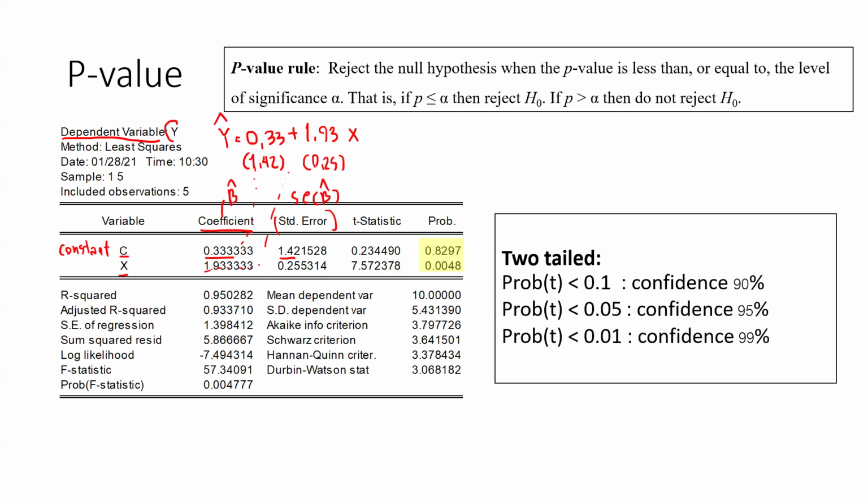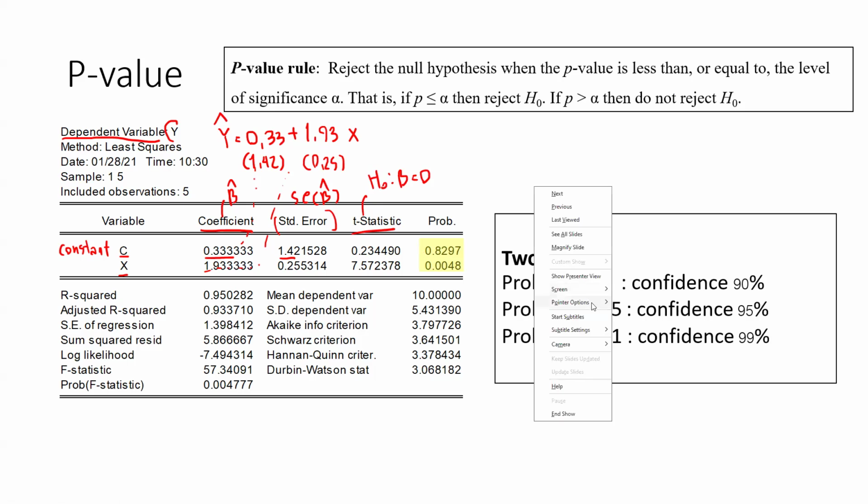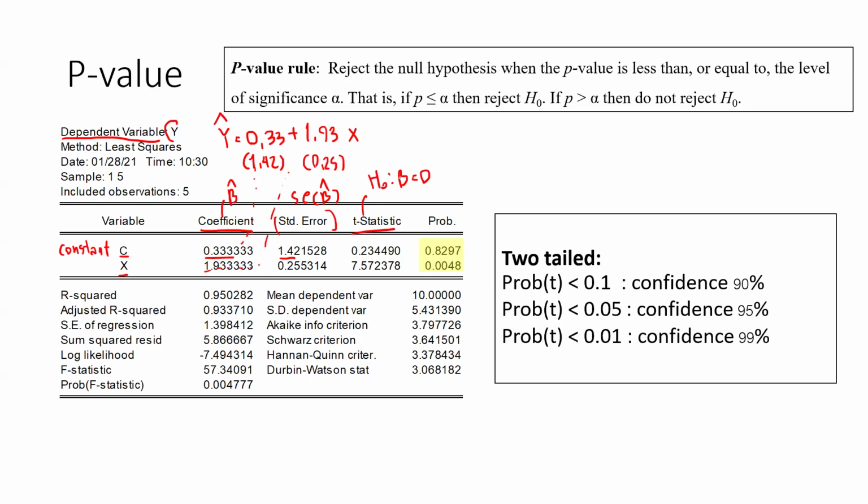And then this is the t-stat, where they set H0: beta equals 0. So from the t-test, t equals beta hat minus 0, because they set it to 0, over standard error.